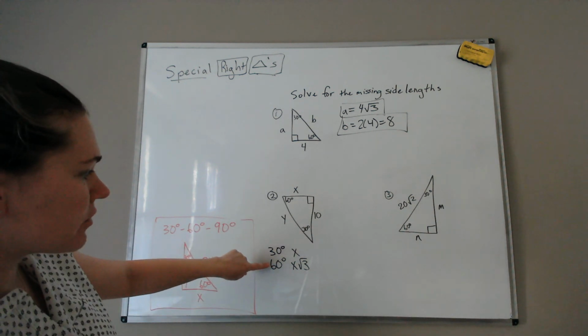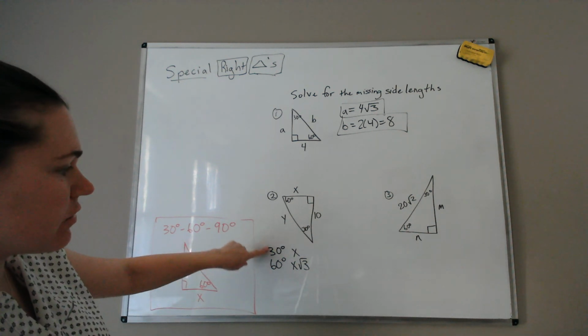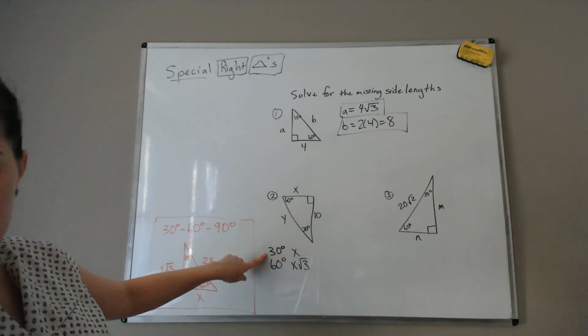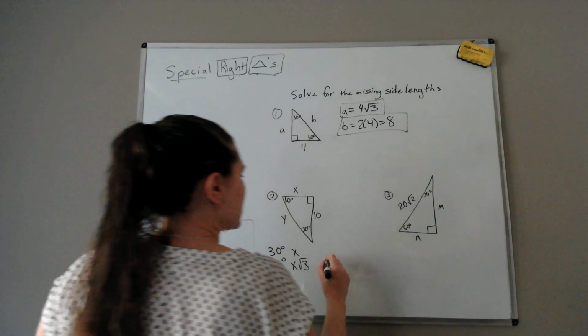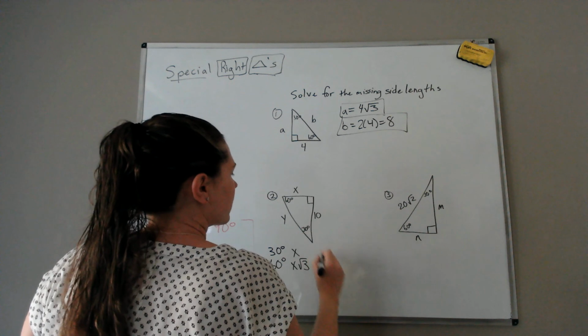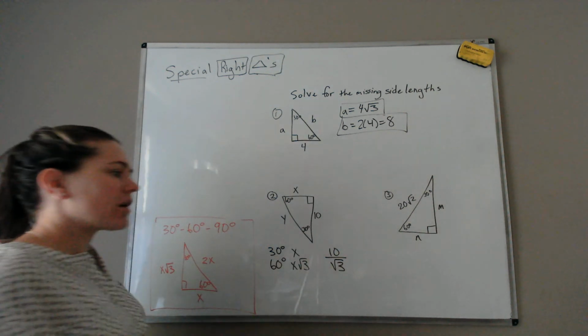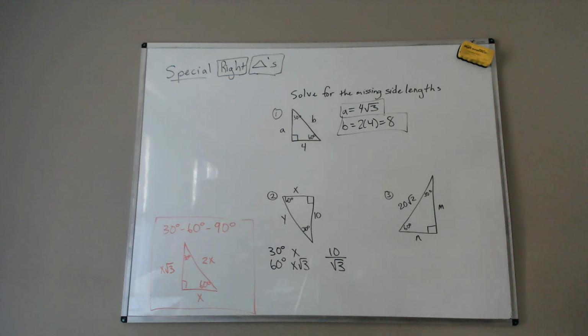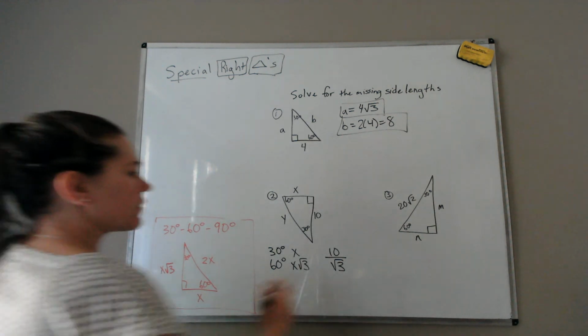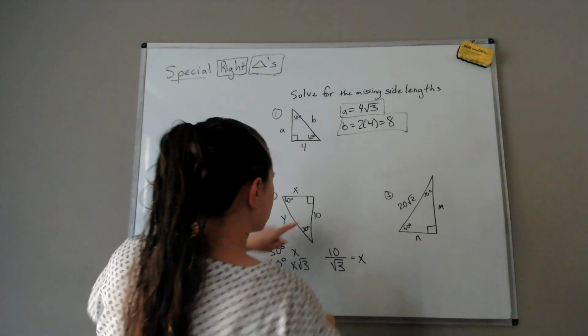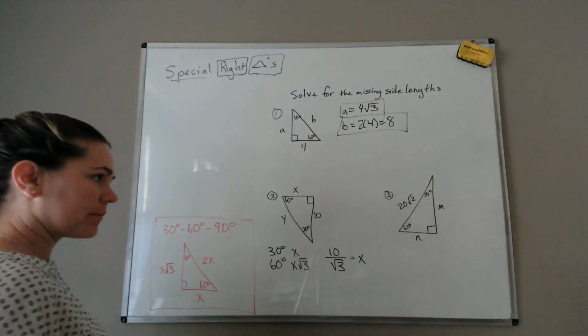Well, how do you go from 60 degrees to 30 degrees here? You would be dividing by the square root of 3. So to find out what's opposite 30, you have to take 10 and divide it by the square root of 3. Okay, that's going to be what's opposite 30 here.